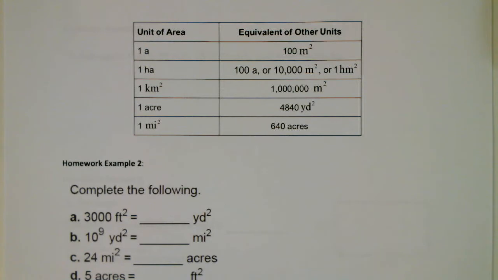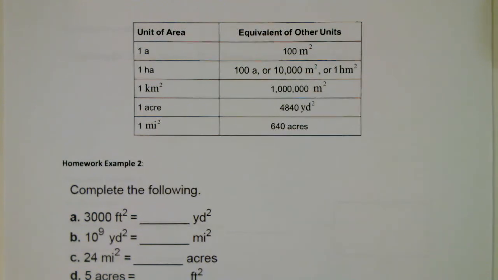And a square kilometer is 1 million square meters. 1 acre is 4,840 square yards. And then 1 square mile is equivalent to 640 acres. Okay. So do be familiar with those equivalents in the English system.